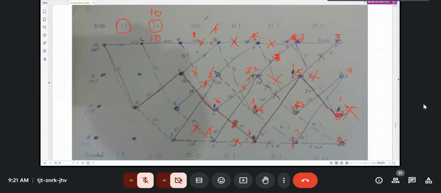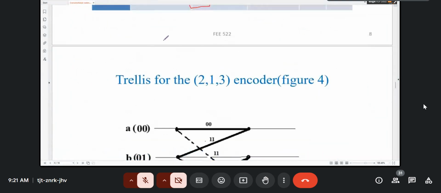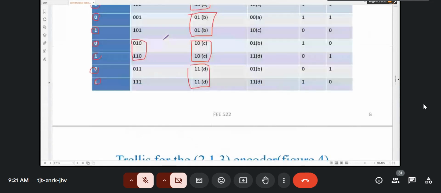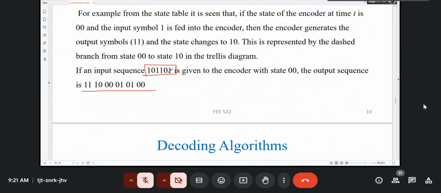And of course you can see, if you remember, the other one I had drawn was actually this one. So this is the correct path. What we are saying is, we had sent this, we received this, but we don't even know what we had sent.